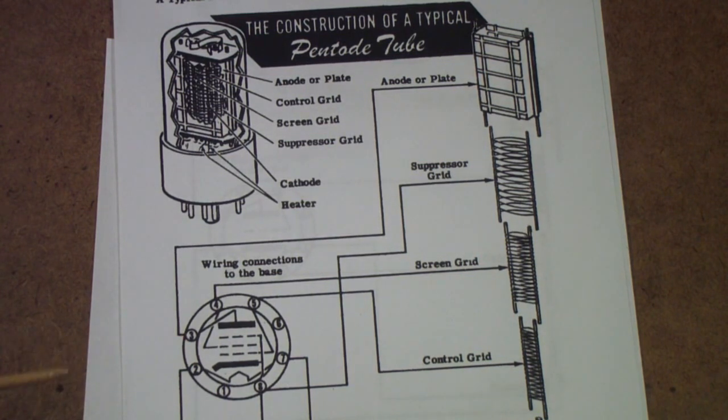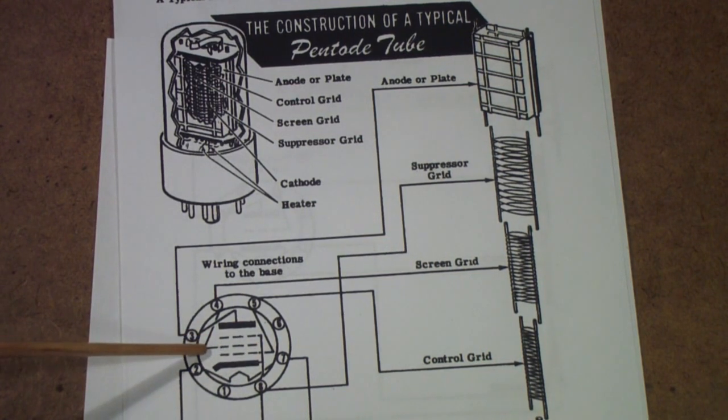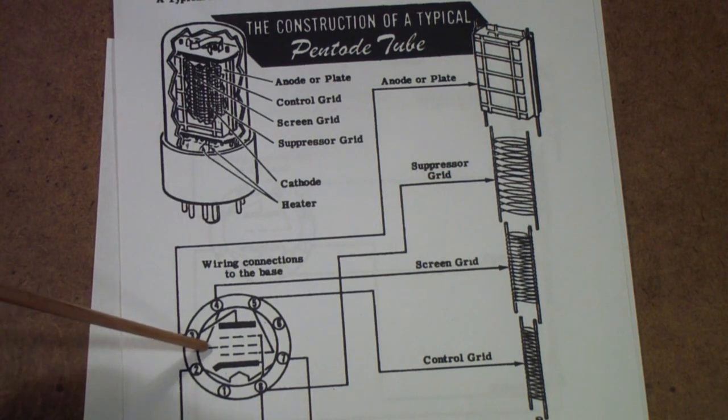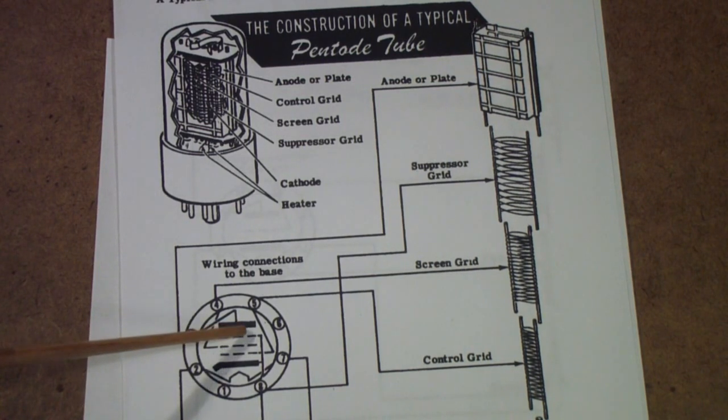Remember I said in the TRF receivers how they would oscillate and howl? Well, by inserting a grid in the middle called a screen grid, they were able to reduce the tendency to oscillate. However, that introduced another problem that we will not get into here, but I talk about a little bit in How Tubes Work, that of secondary emission.